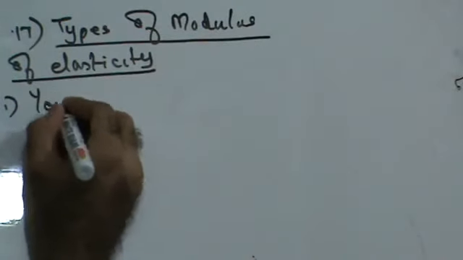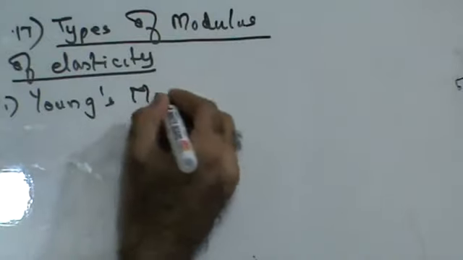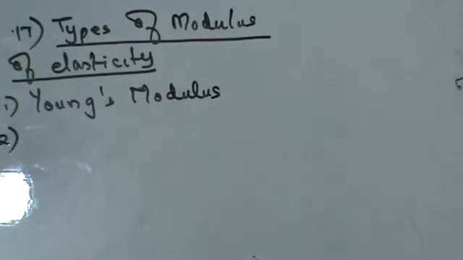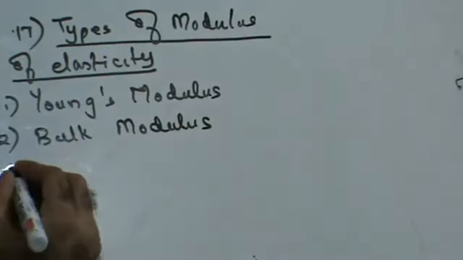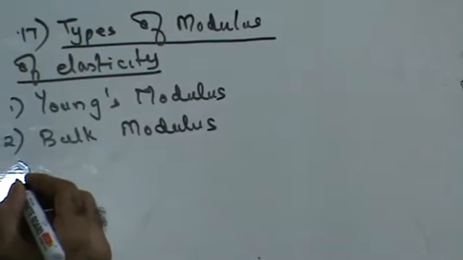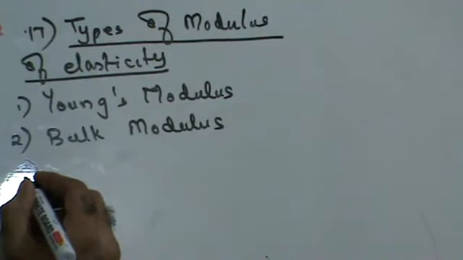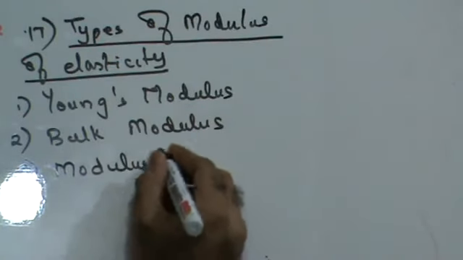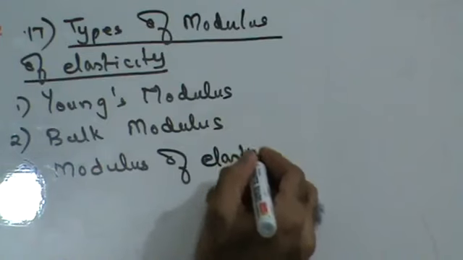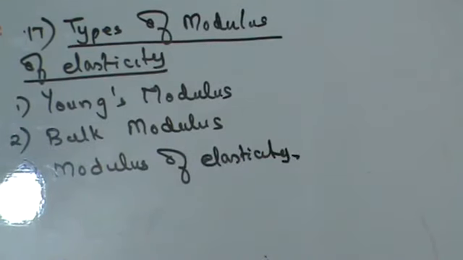One is called Young's modulus. The first one is Young's modulus. Second is called bulk modulus. And third is called, not modulus of elasticity, it's called modulus of rigidity.